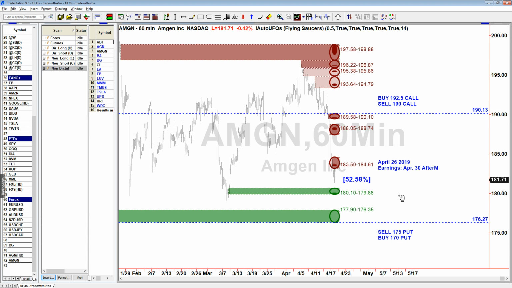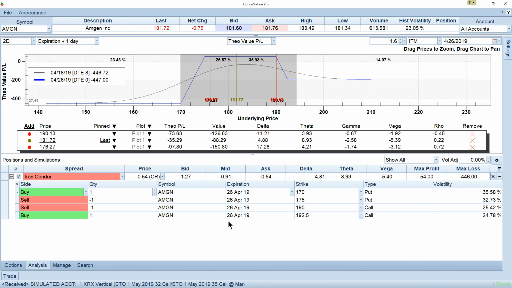So the maximum risk is 5 minus the credit collected. Okay, so 5 times 100 is $500. If the credit collected is 91, you would have a risk of 500 minus 91, which is, let's call it, $410 of risk.